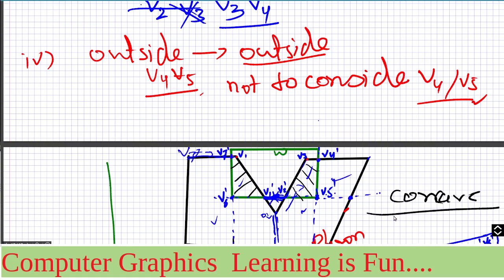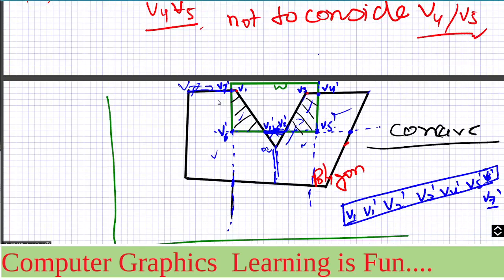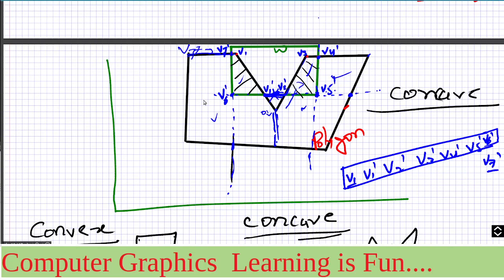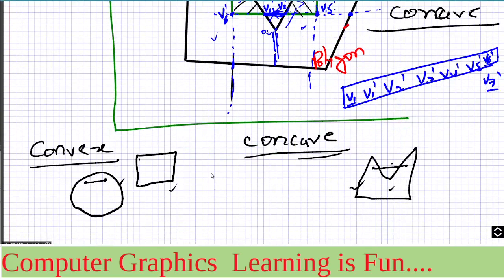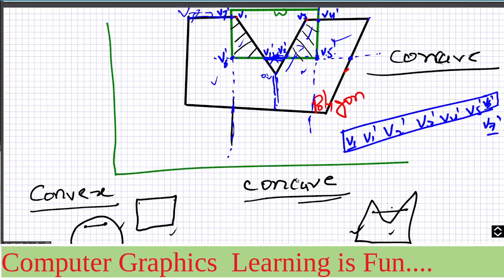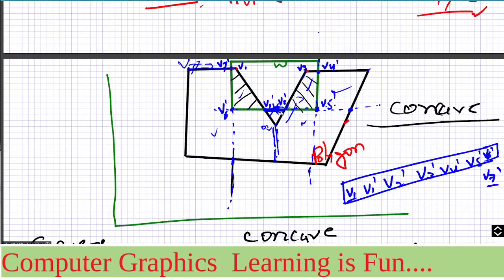Any question? What we discussed is the limitation of the Sutherland-Hodgeman algorithm, where if we get a convex polygon, in that case this Sutherland-Hodgeman algorithm works fine. However, if we get a concave polygon, in that case this algorithm may not work correctly.